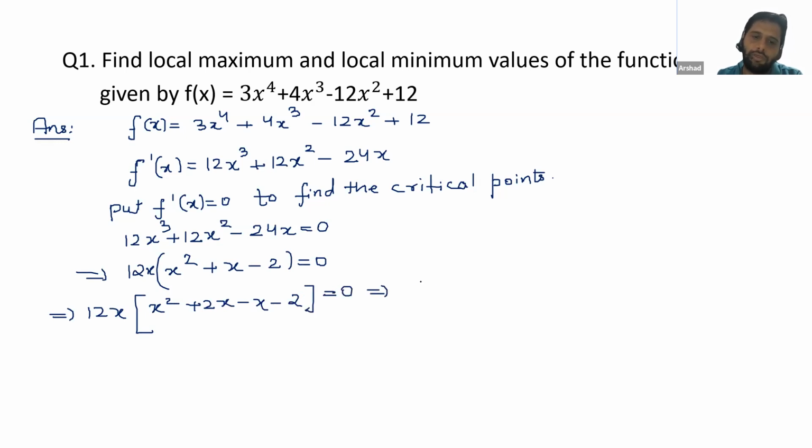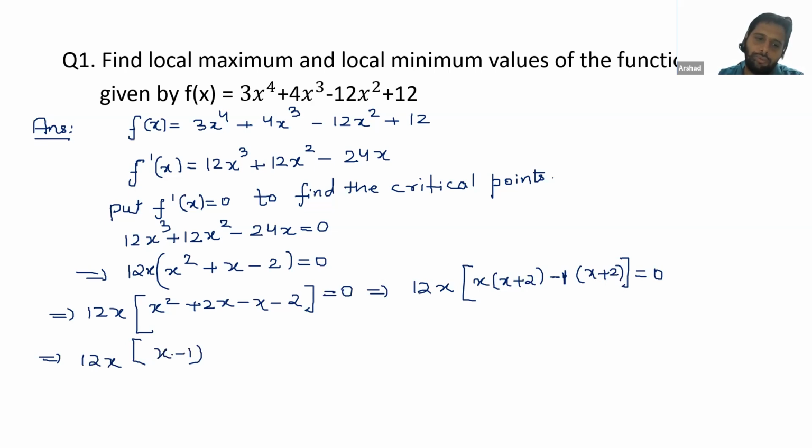So from this you will get 12x, take out x common, x plus 2 minus 1, x plus 2, is equal to 0. So 12x, and here you will get x minus 1, x plus 2 is equal to 0.